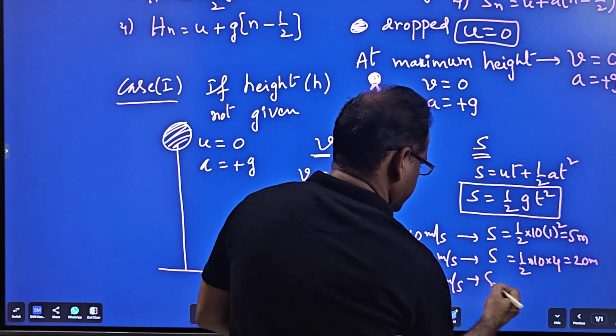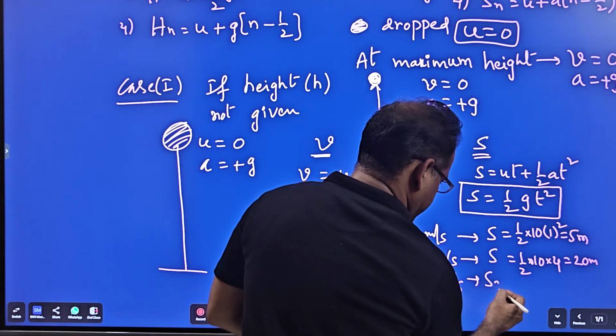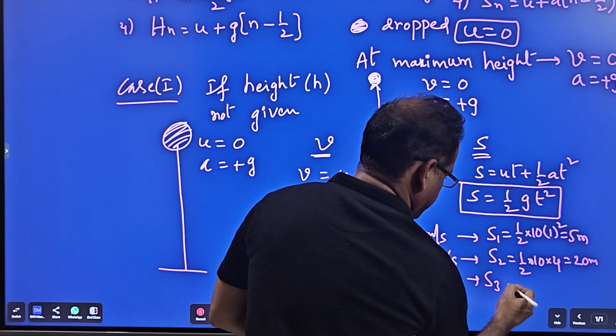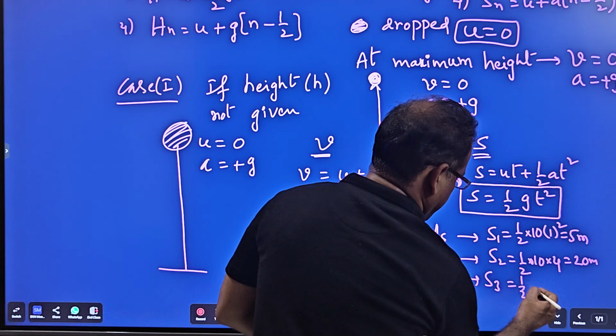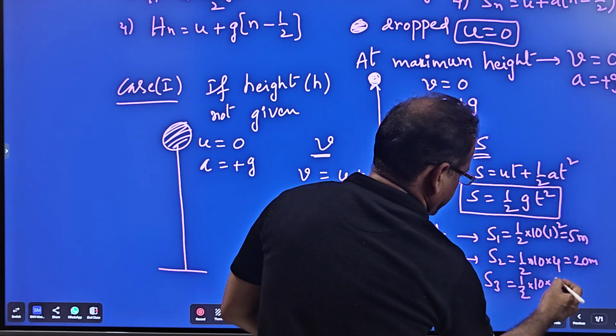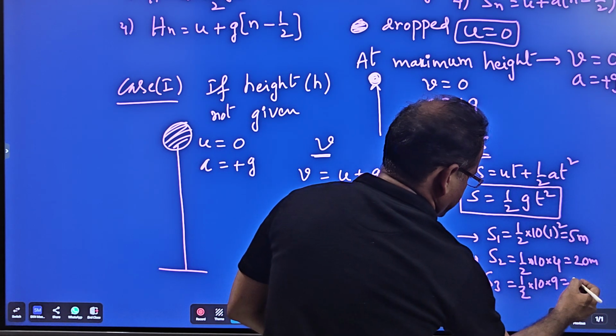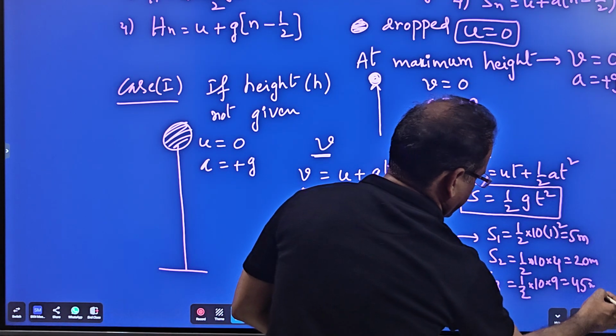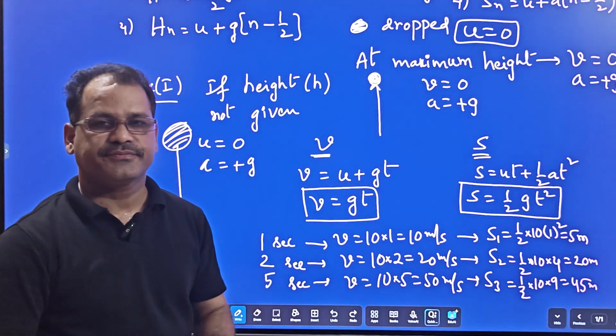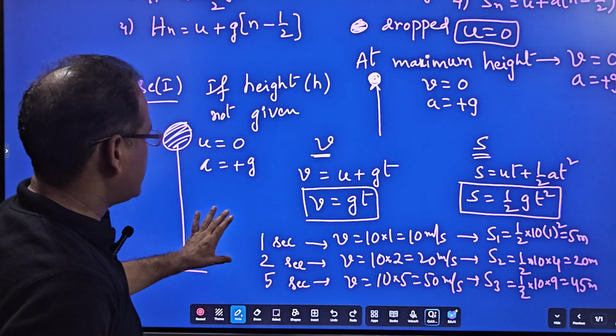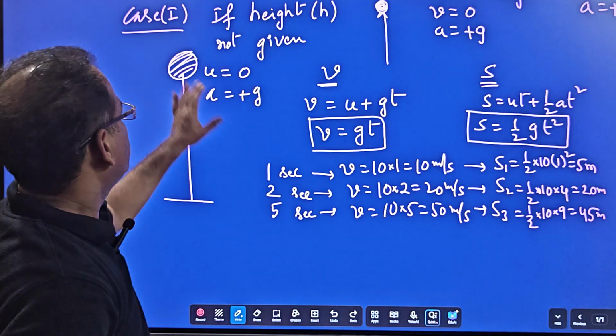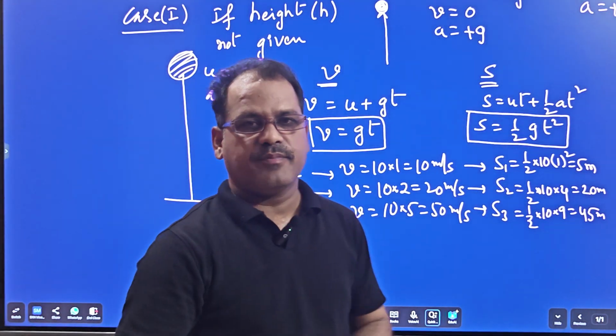Let us calculate after 3 seconds. Half, 10, 3 square is 9. That means 45 meters travelled after 3 seconds. We can just remember these values because here, the height from which the object is dropped is not given.